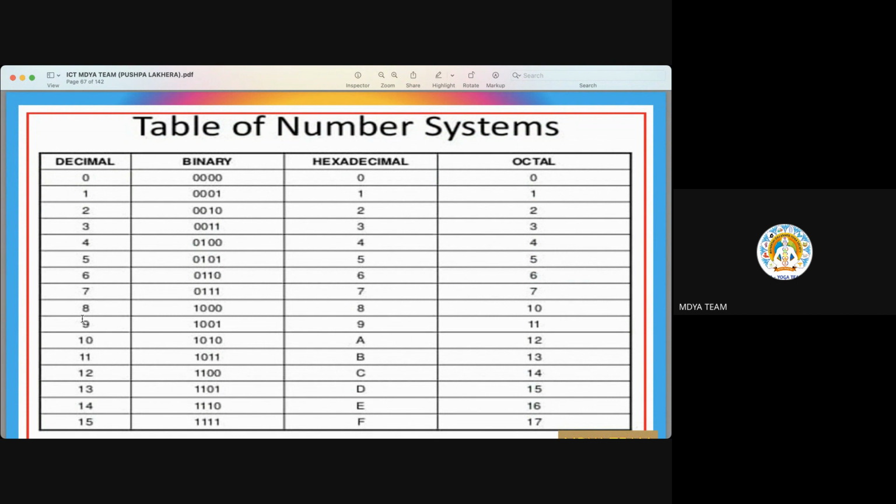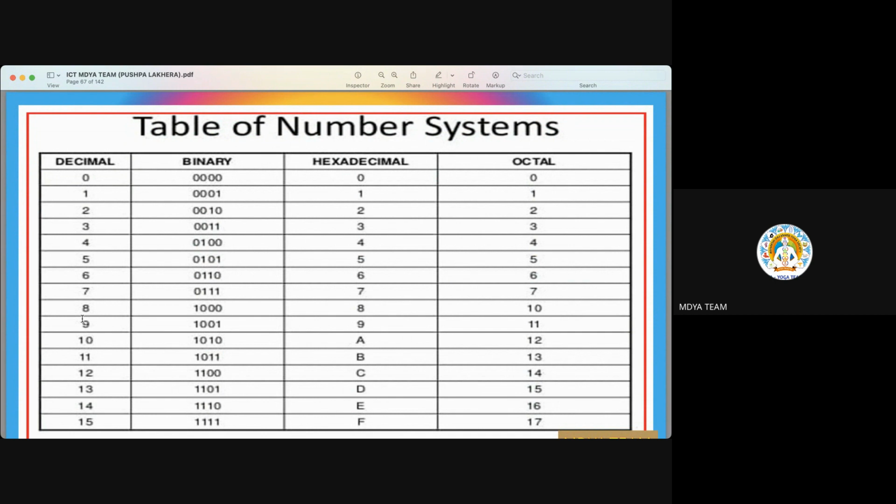Now the hexadecimal number is represented by this. Up to 9, it is the same, and 10 is represented by alphabets A, then B, C, capital letters. Then octal, up to 7, it is the same, but 8 is represented by 10. 8 is represented by 10, then 9 is represented by 11. How it comes, we'll see later.